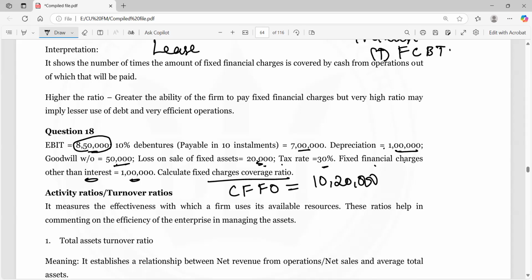So now calculate the fixed charges coverage ratio. 10 lakh 20,000 divided by interest, which is 70,000, plus 1 lakh rupees of other financial charges. So what is your fixed charges coverage ratio? 6 times.